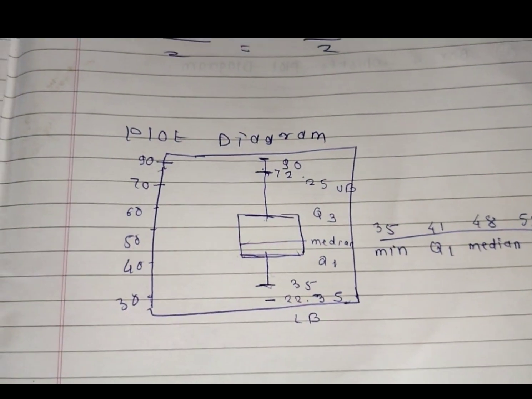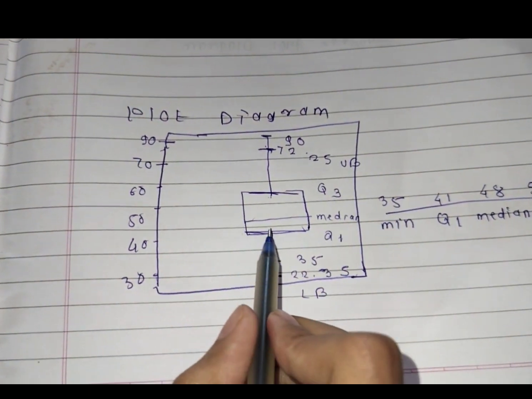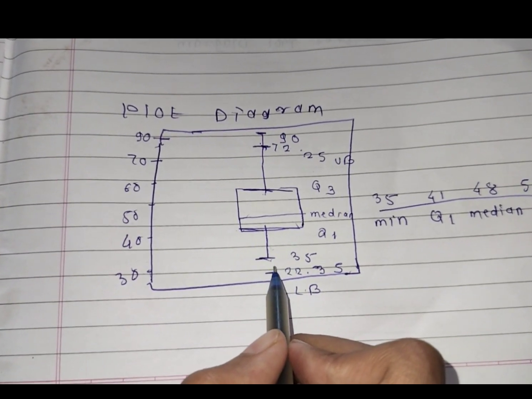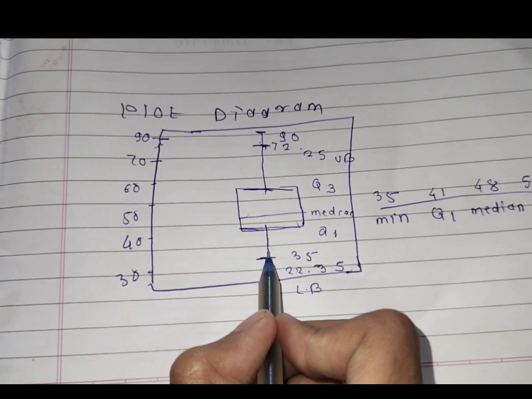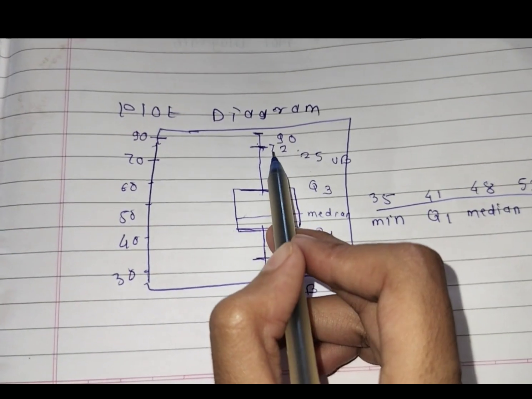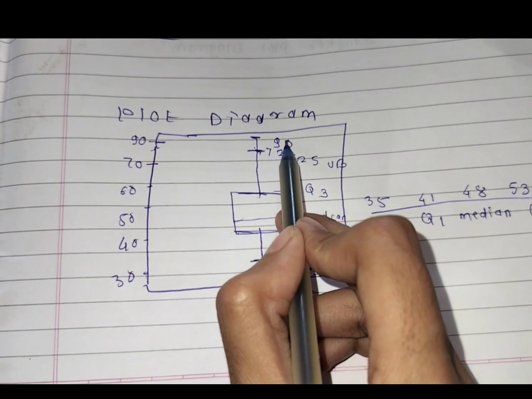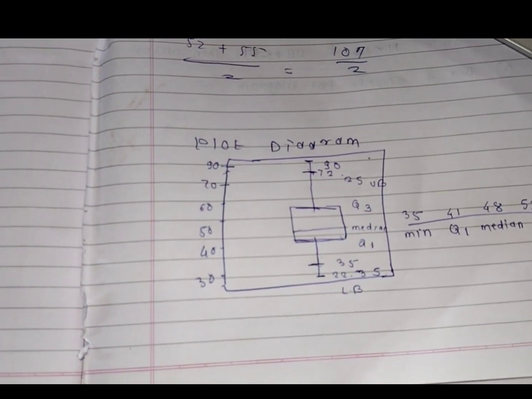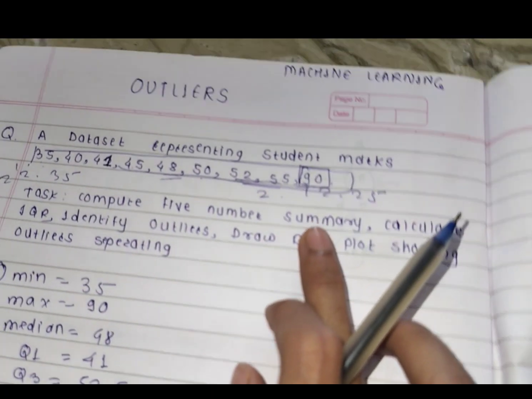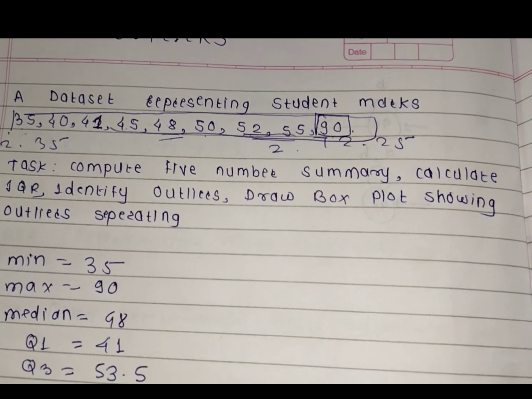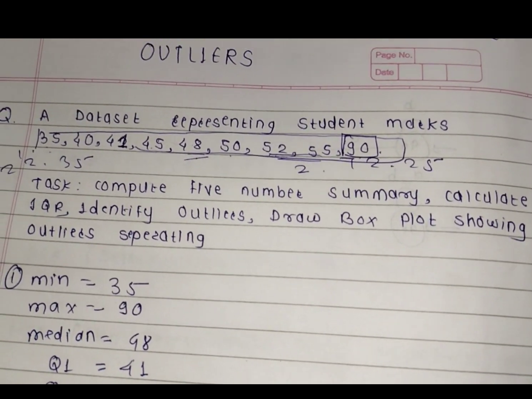So in this way we will represent a plot diagram which will show our lower bound, our starting min number within the lower bound, and then here it shows the upper bound, and the number that exceeds the upper bound is stated as an outlier. So in this way we will solve the outlier example, which shows us that 90 in the data set is the outlier, which can affect our accuracy. So we will detect and analyze it before the model training.